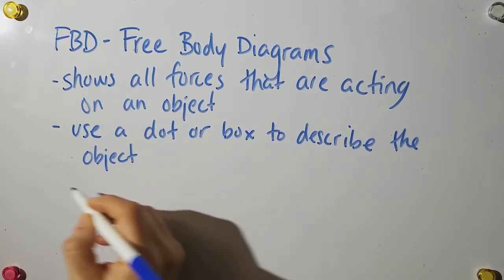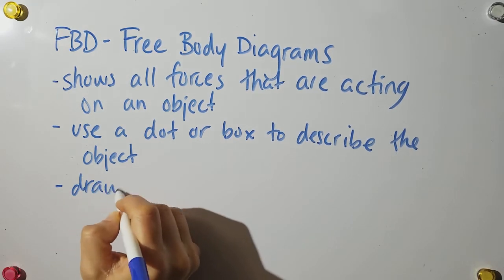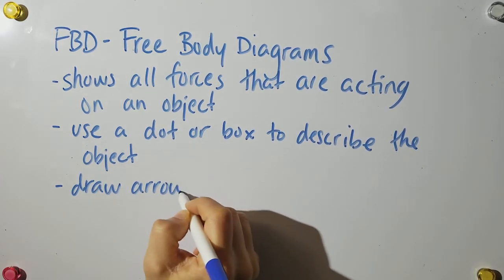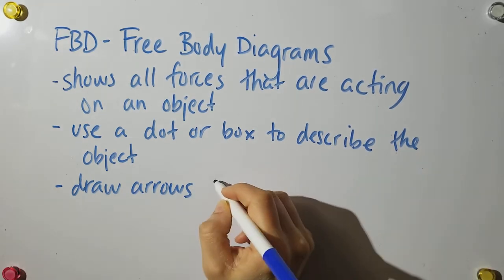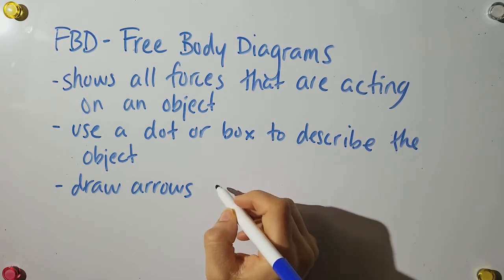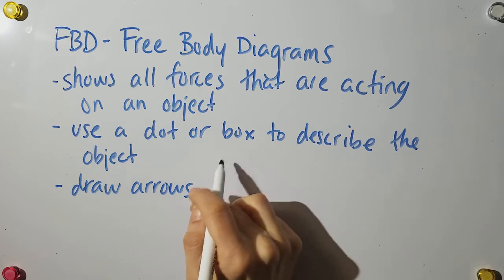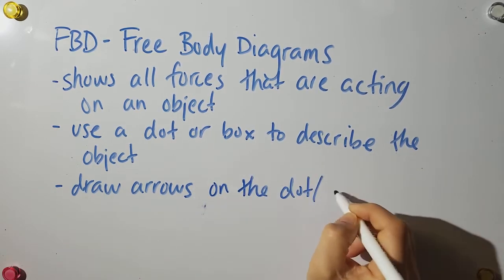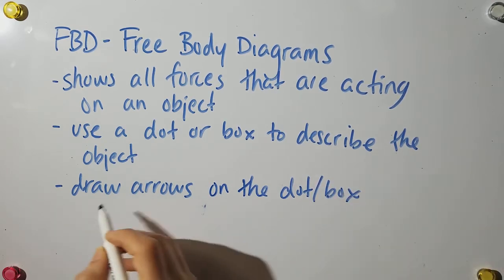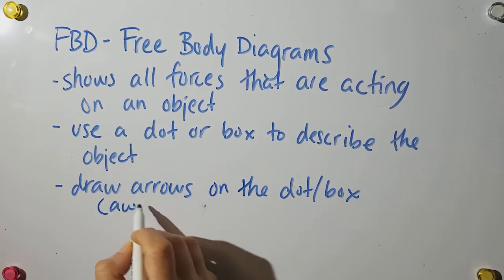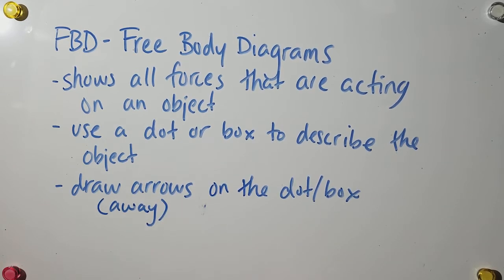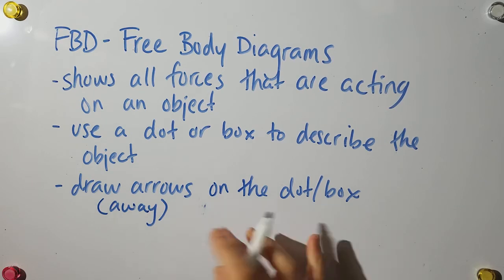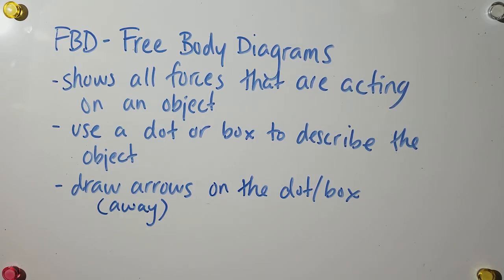And we draw arrows on the dot or box. We draw these arrows away, okay, not towards. So we'll do a couple examples on the next slide, but essentially it could look something like this.